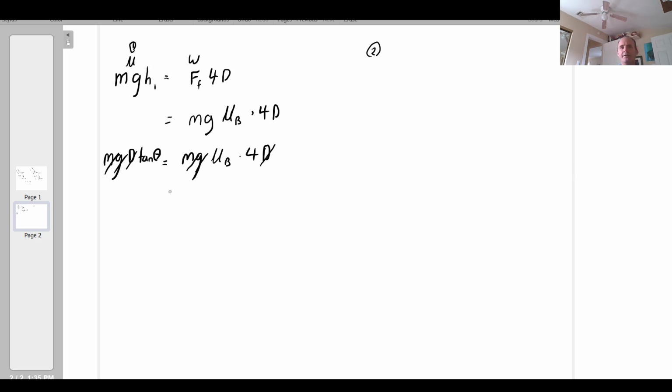So now we have an expression: tangent of theta is equal to mu b times 4. I'm kind of jumping down to the second part down here.